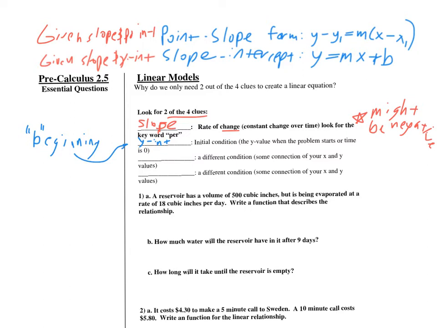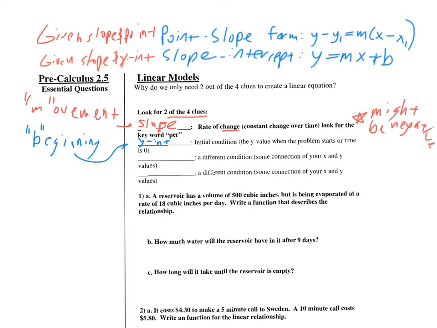That's the start of the problem. Where are we at? The y value when the problem starts or time is 0. That's why I interpret this as the beginning. The slope we know is m, and I always think of it as the movement, because that's how the situation is changing over time.